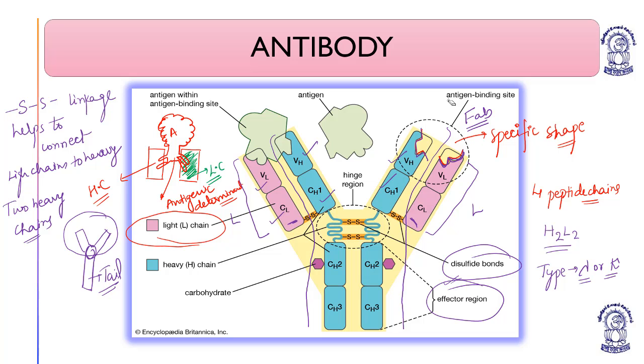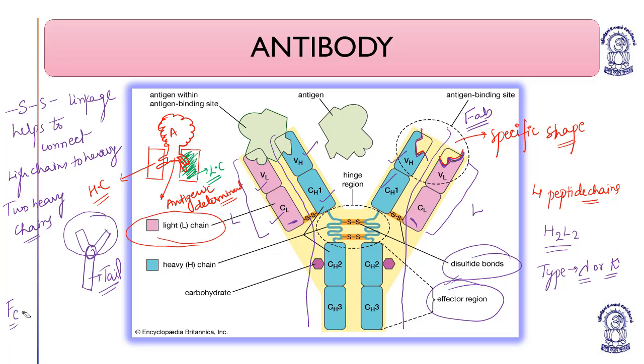Understood? Now, there is a third fragment which lacks the ability to bind to the antigen and can be crystallized. It is not having the capability to bind to the antigen, and that is why it is isolable and crystallizable, and it is known as fragment crystallizable.